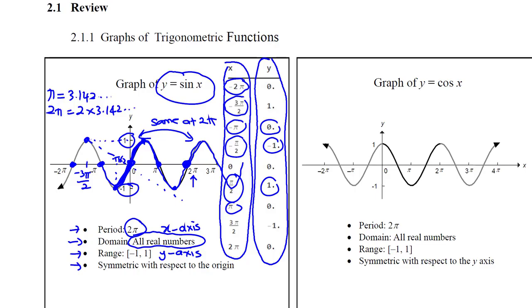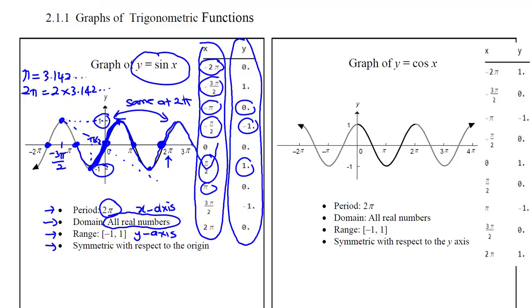Now we look at the graph y equals cos x. You look at here, when x equals negative pi, y equals negative 1. When x is negative 3 pi over 2, y is 0. Negative pi over 2, you get 0 here.